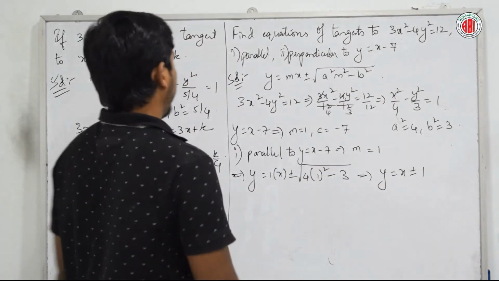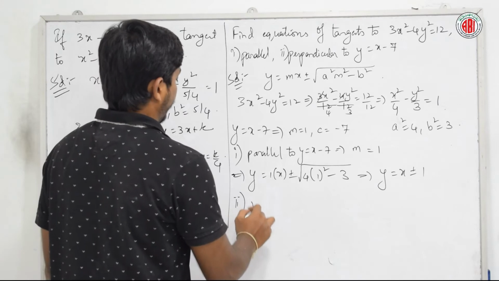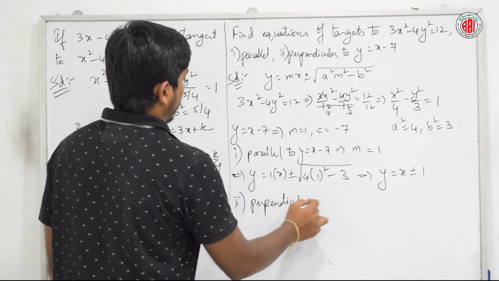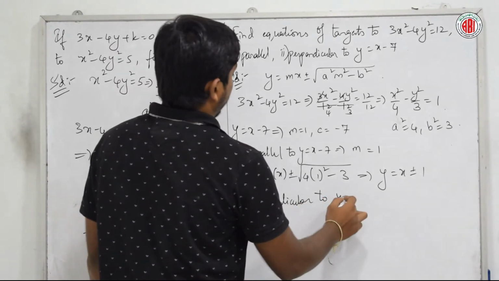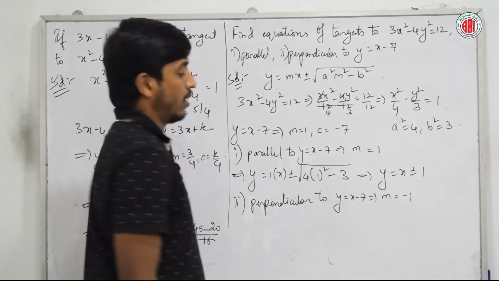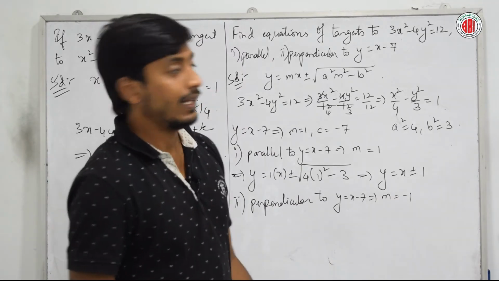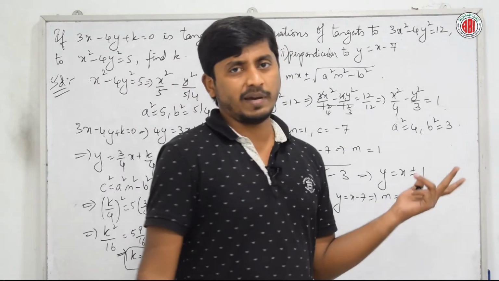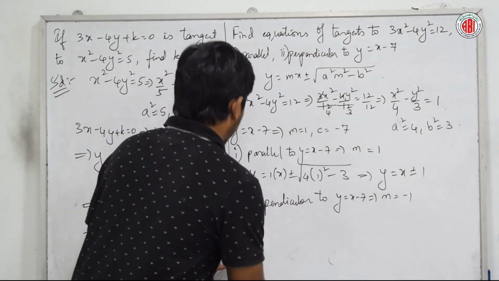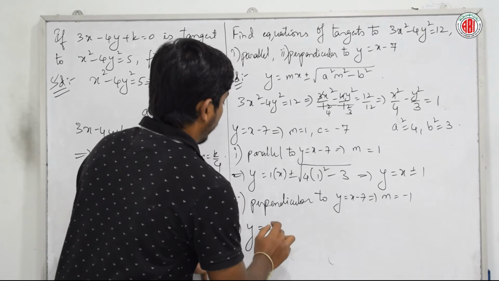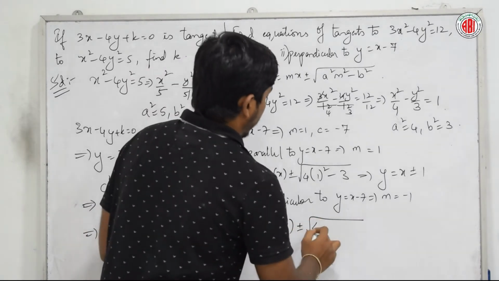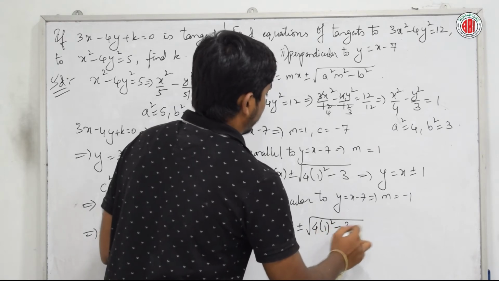Right? Then what about the perpendicular condition? Perpendicular to y is equal to x minus 7. So what will be our slope? Minus 1. Right? The slope is 1, the perpendicular will be minus 1 by that slope, which is minus 1. Yes, so the equation is y equal to mx plus or minus under root of a square m square minus b square.